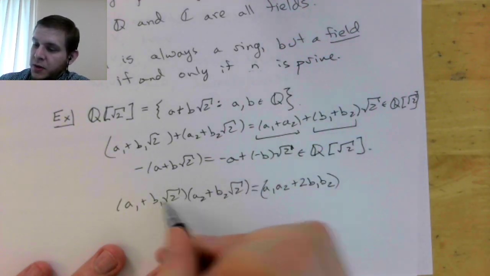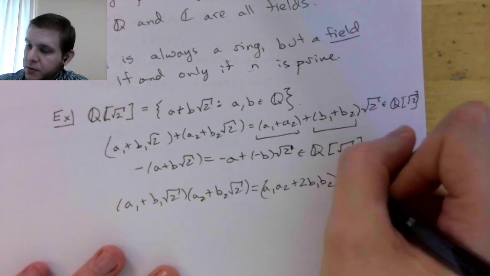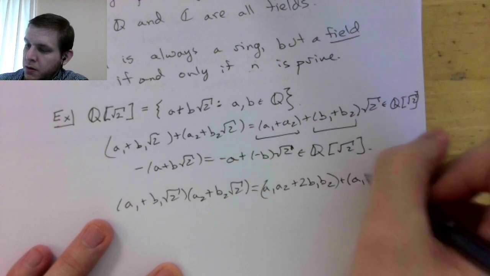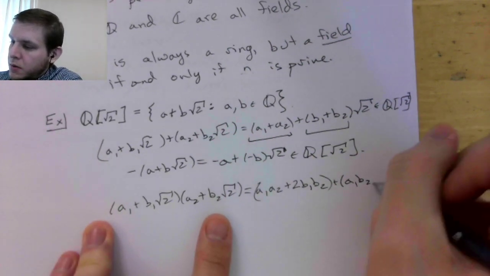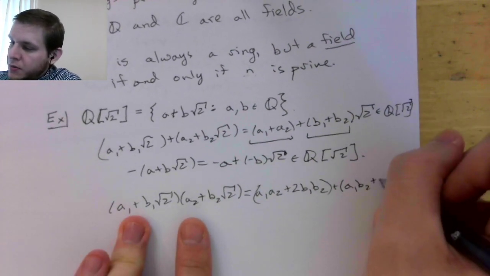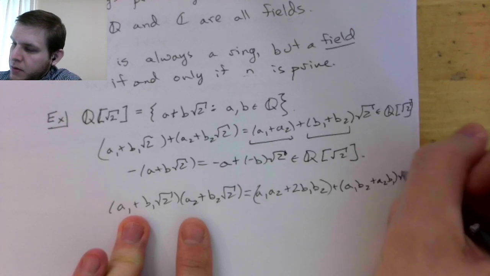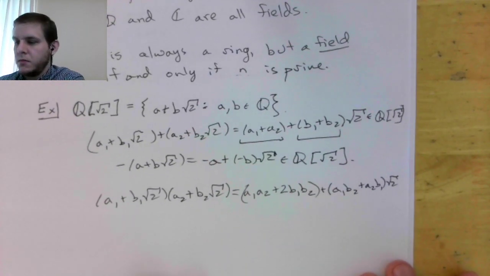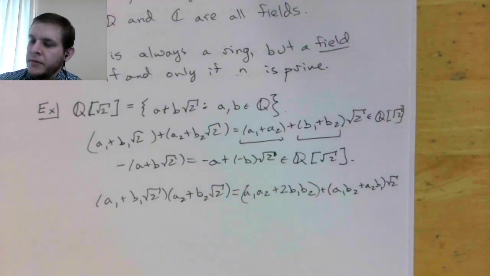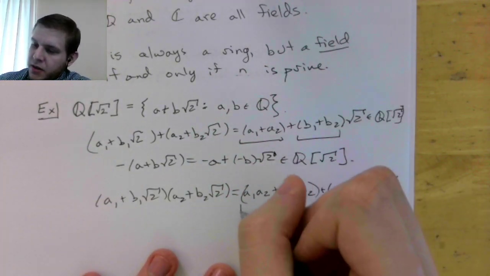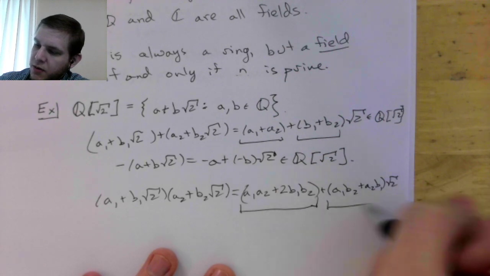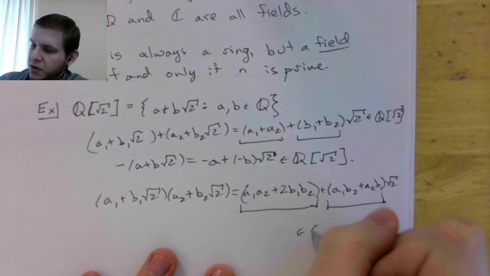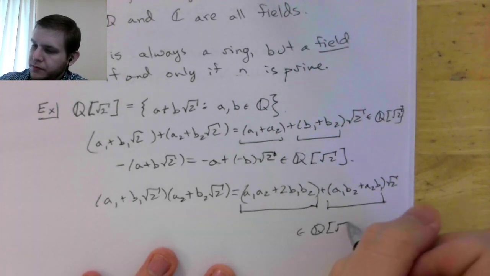And then the square root of 2 term is going to be a1 b2 plus a2 b1 times the square root of 2. So this is a rational number, this is a rational number, so this is part of Q adjoin the square root of 2.